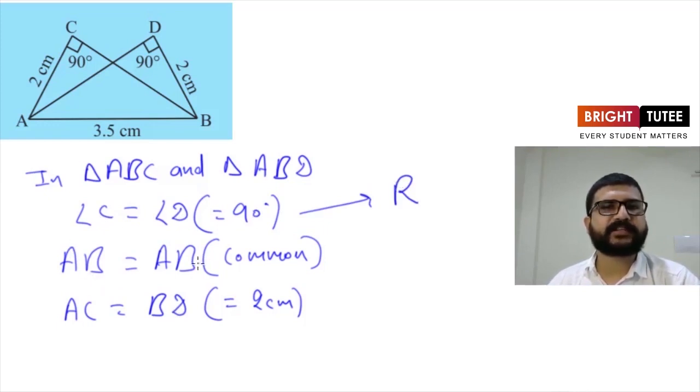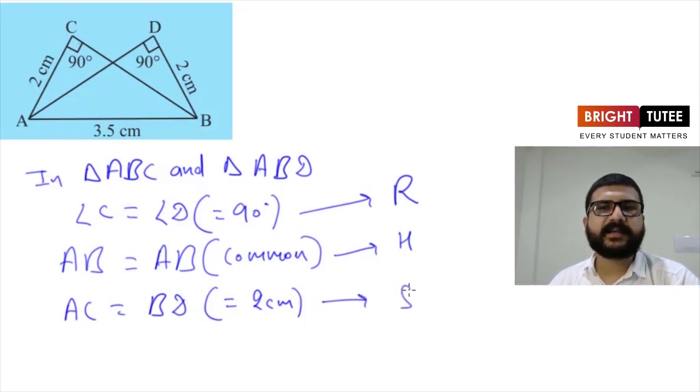And then we need the hypotenuse to be equal. Here the hypotenuse is common. AB is the hypotenuse for triangle ABC and AB is the hypotenuse for triangle ABD as well. So their hypotenuses are equal. And then one of the sides other than the hypotenuse is also equal, and that is AC equal to BD.